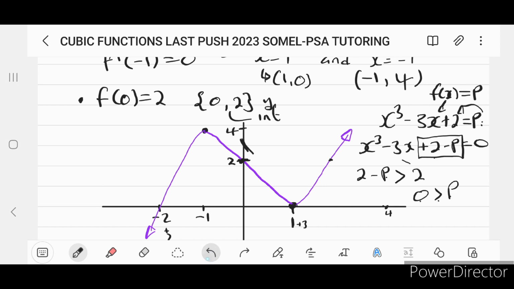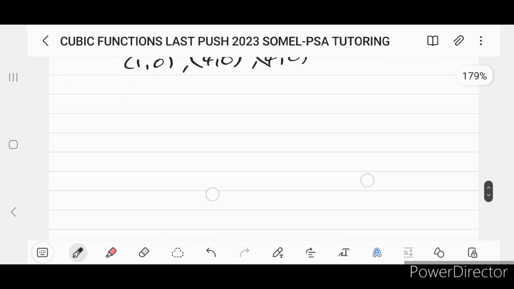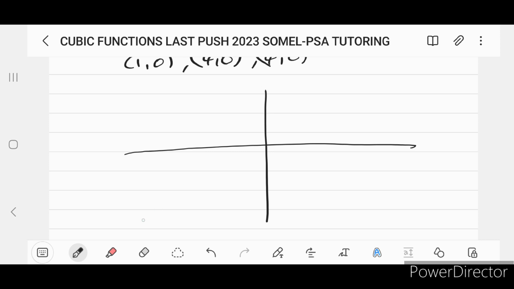Number 2, we must also know, let me shift this function. I want this point here to be a turning point here. How far apart are these two? Let me draw it just here. I want it to be something like this. Okay, so this is going to be the turning point, which is (negative 1, 0).